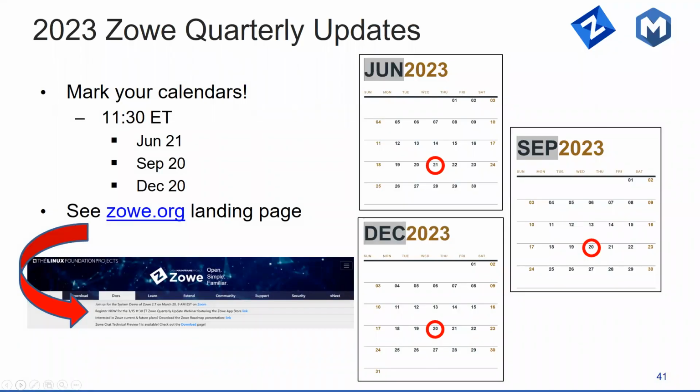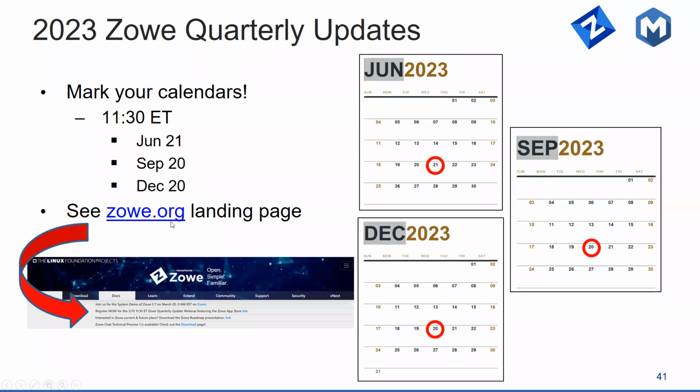And then finally, just wanted to mention that we are trying to do a better job at making everybody aware of these quarterly updates. We're planning on posting a calendar of upcoming quarterly updates. Right now, we have tentative plans for June, September, and December.